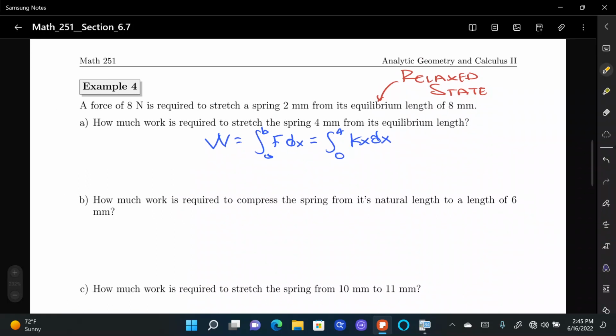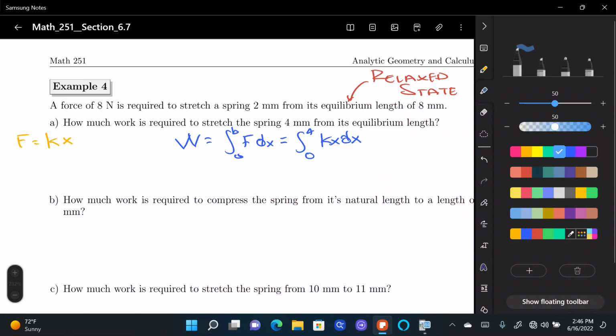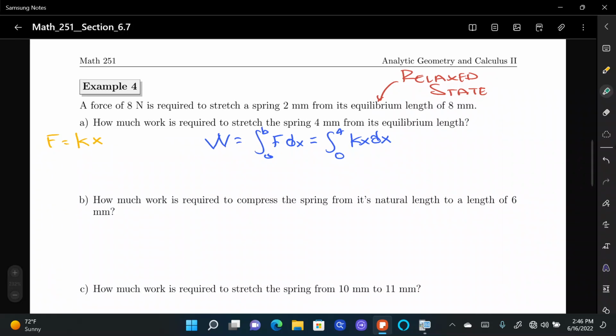So from Hooke's law, we know that F equals Kx. All right, this sentence right here: a force of 8 newtons is required to stretch the spring 2 millimeters. So that information, we will use it to find the value of K. Well, where have we seen this before?